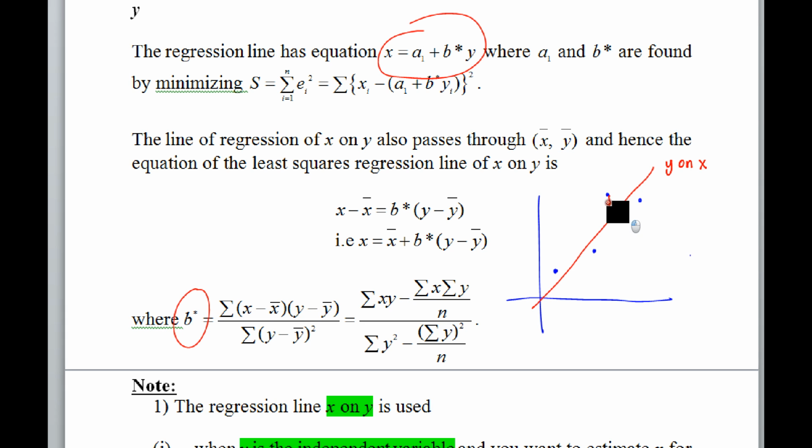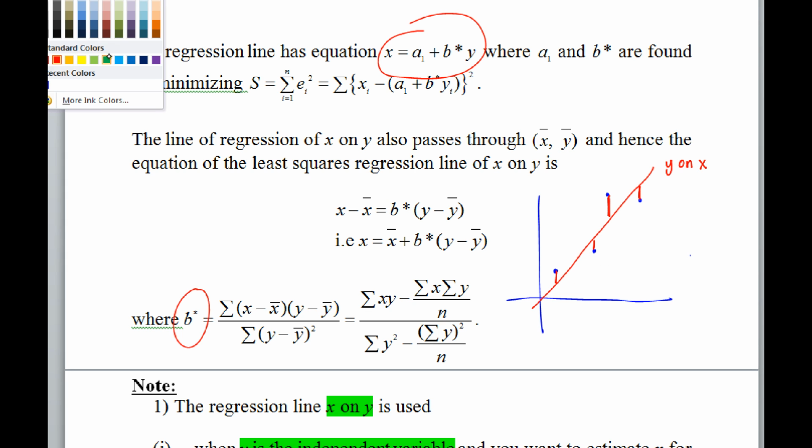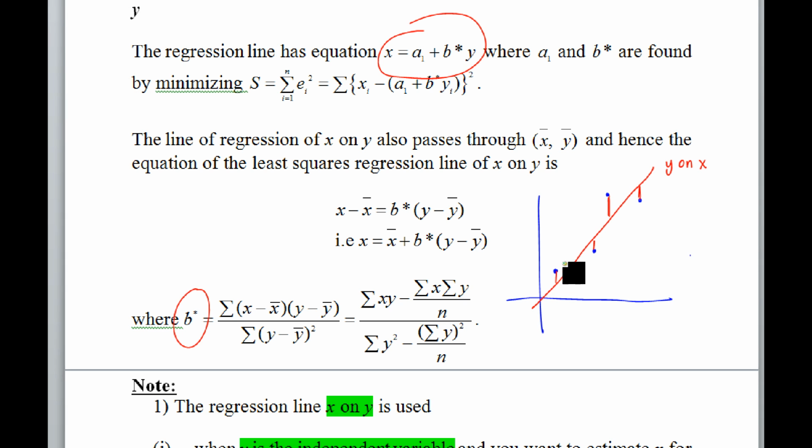Because you want to minimize this distance, this distance, this distance, and this distance. If you were to sketch x on y, you may draw a different line, like that, marginally different, but they should intersect at one point, such that you minimize this distance, this distance, this distance, and this distance. This is x on y. Do you know what I'm saying?